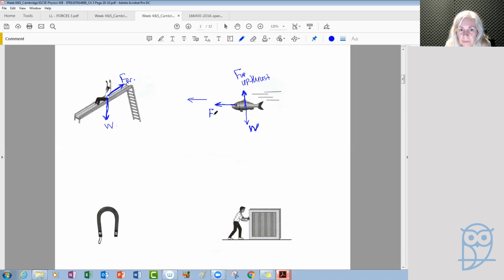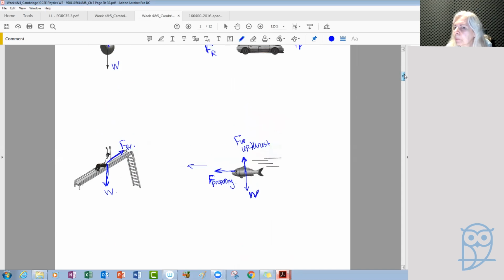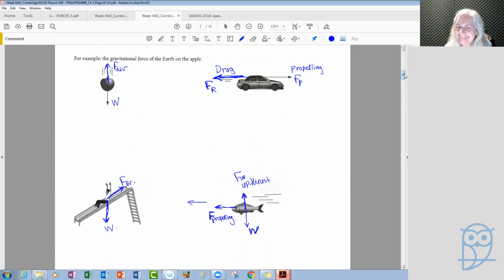How can we call it? Propelling, we can call it propelling. Actually, this force is exerted by the water on the fish and propels the fish due to the way that the fish moves. Which brings us to the point, what does propel the car?